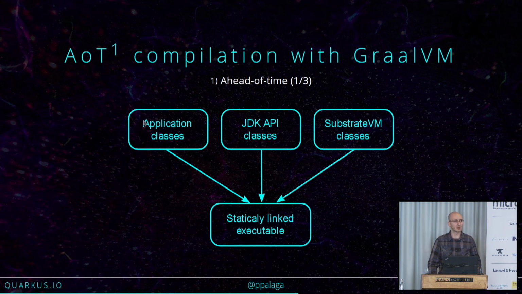First, your application classes. Second, the JDK classes. And third, some classes from the Substrate VM. You may ask, what is Substrate VM? Substrate VM is something you don't need to know much about, that helps you to produce native executables. There are replacement classes and replacement code for the classical OpenJDK there to make things work that would otherwise not work with the Graal compiler.